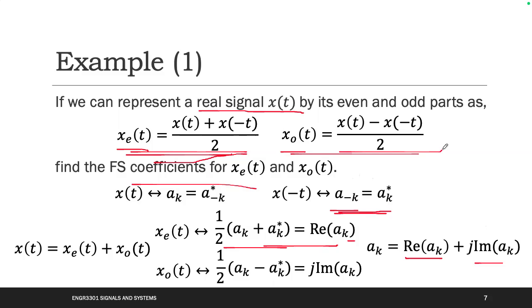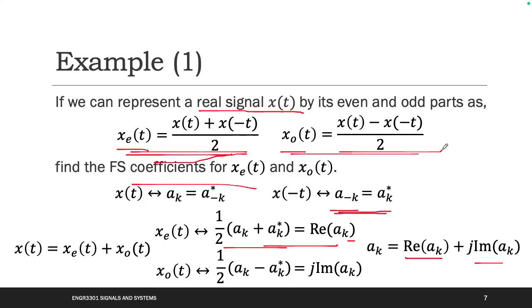So what does that mean? When you analyze a signal, you get the even part and the odd part. The even part is always related to the real part of the coefficient, and the odd part will always relate to the imaginary part of a_k.